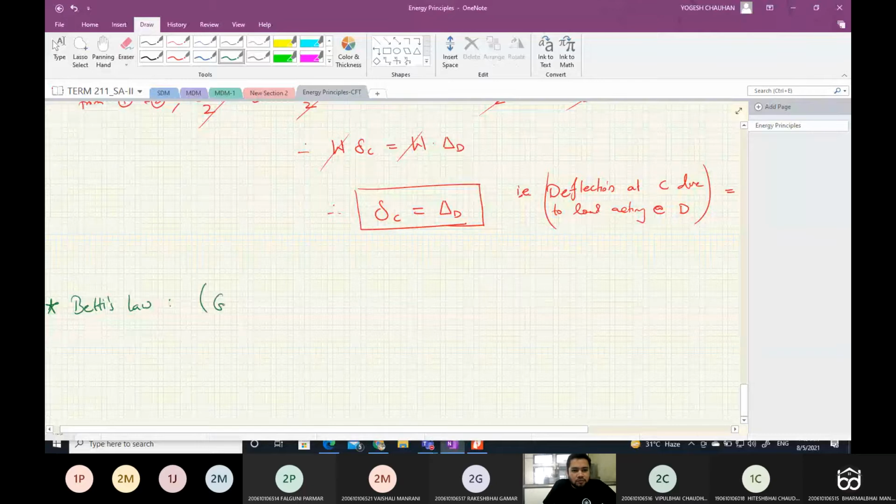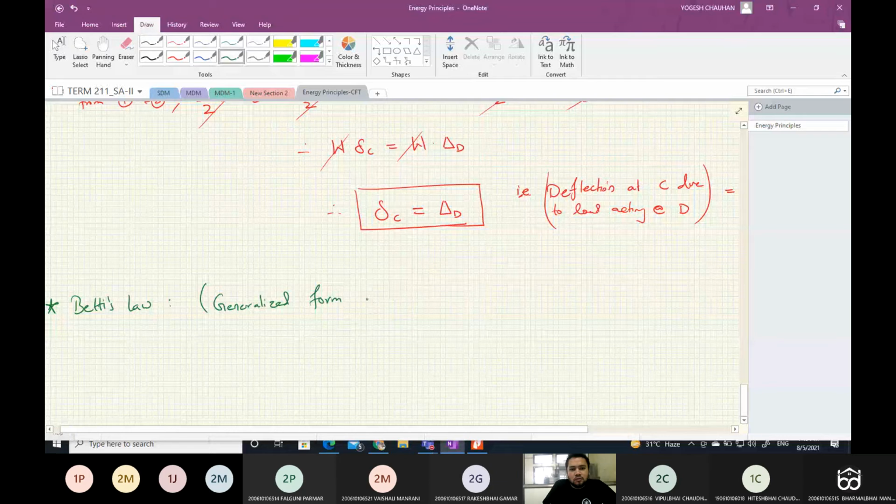It is the generalized form of Maxwell's reciprocal theorem for system of forces.